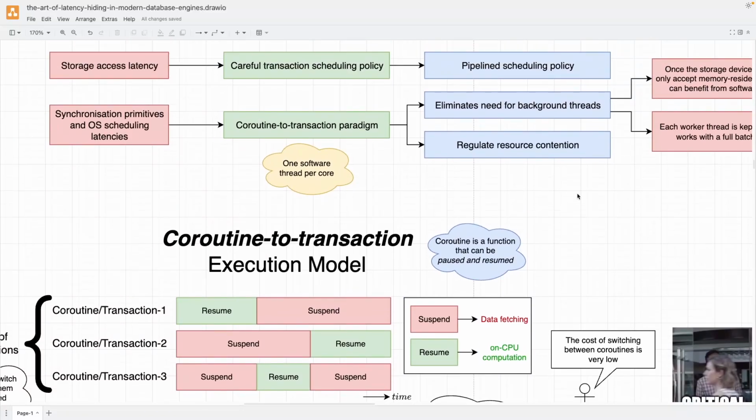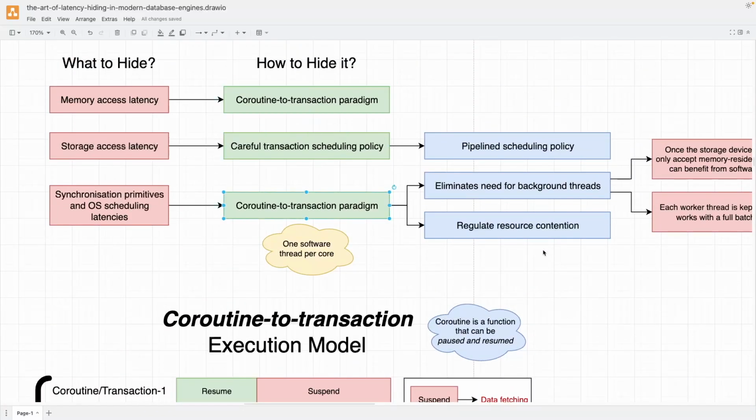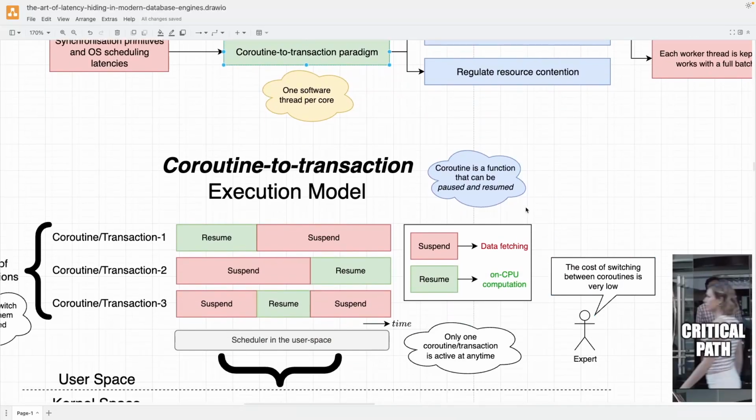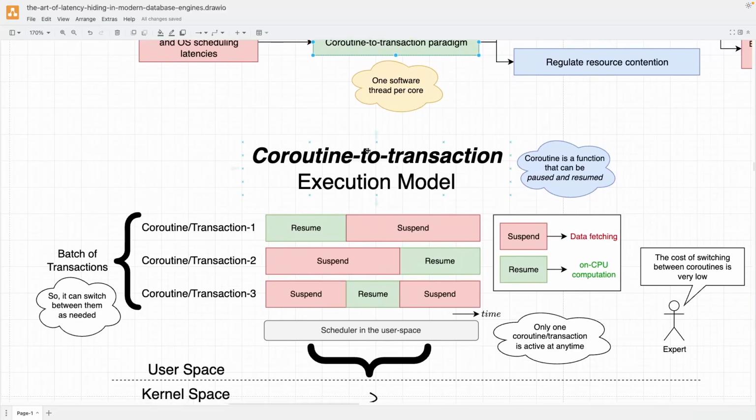So the first solution, again, you saw it in 2 places, so it's the most popular one that even the paper talks about, is this coroutine to transaction paradigm, right? So what does this mean? So firstly, to decode the name, coroutine to transaction. Coroutine is essentially a function, but it's special in the sense that you can pause the function when you want and you can resume the function again when you want. So imagine that you wrote a normal function that, say, takes 2 numbers, adds them, and then returns the result of the addition, right?